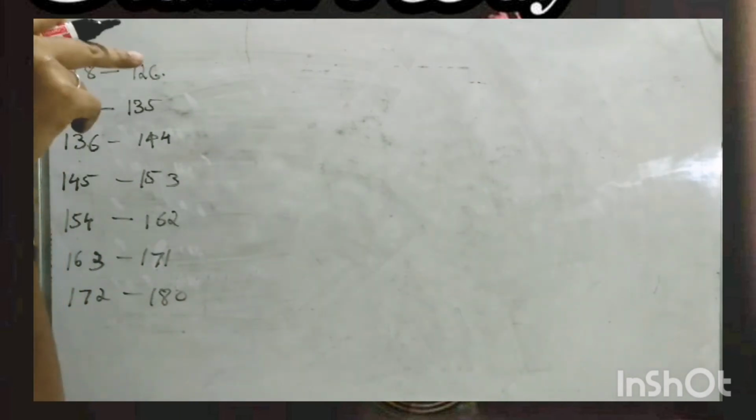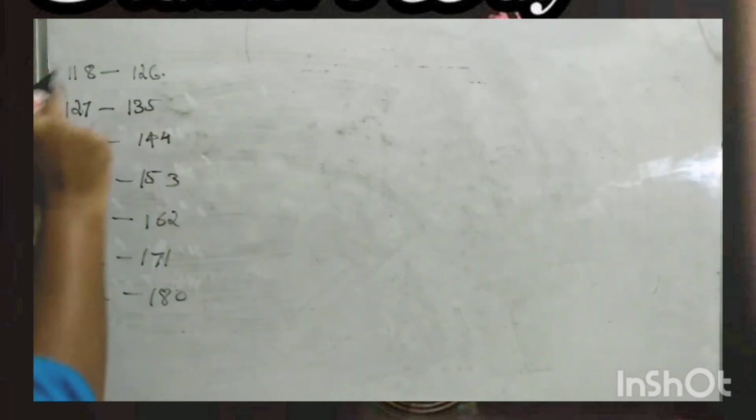For that, what will we do? We will subtract 0.5 from the lower limit and add 0.5 to the upper limit.